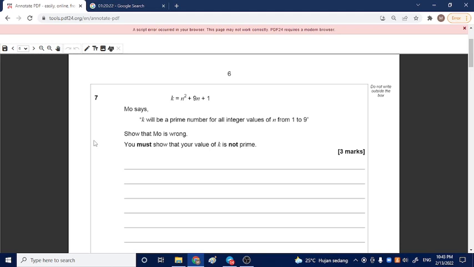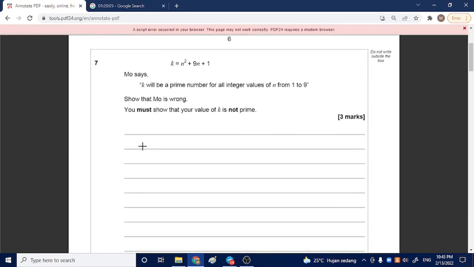Oh, this kind of problem. Show that Mo is wrong. We can do everything, right? We can just iterate everything.